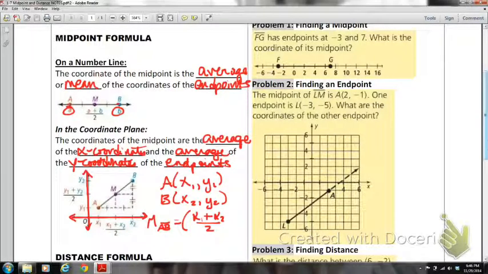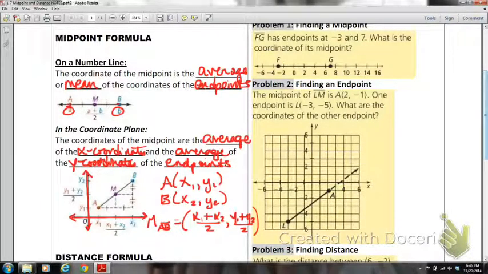So you're finding the average of the x coordinates, and your y coordinate of the midpoint, you add y sub 1 plus y sub 2, divide that by 2. So that is the midpoint of the segment in the coordinate plane.